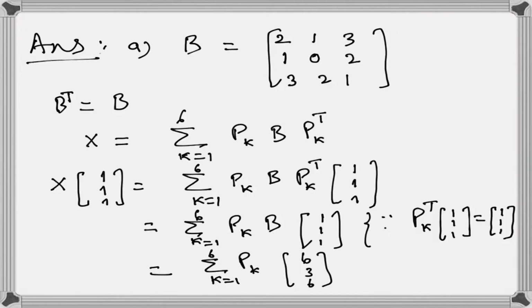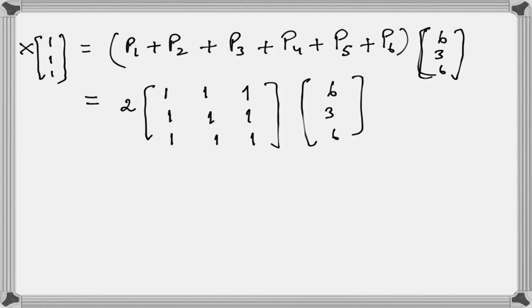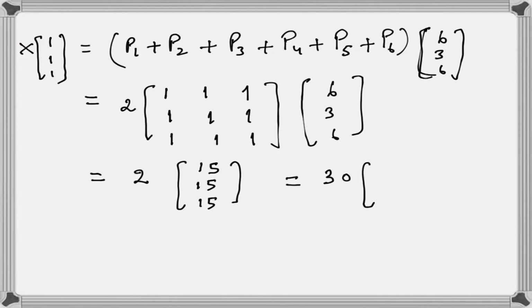All right, we can check in the previous slide. Yes. So what is this? This is nothing but 2 times (15 15 15). This is equal to 30 times (1 1 1).